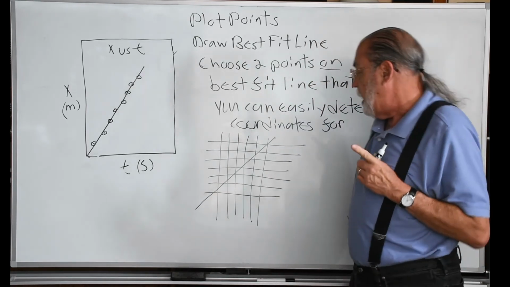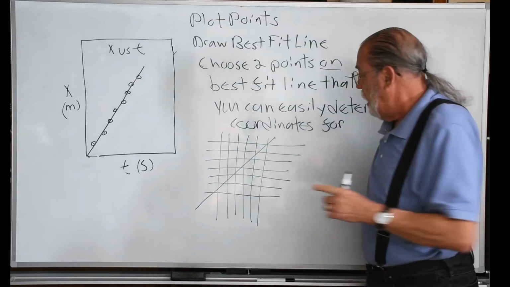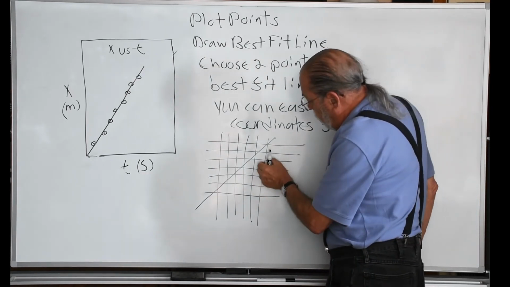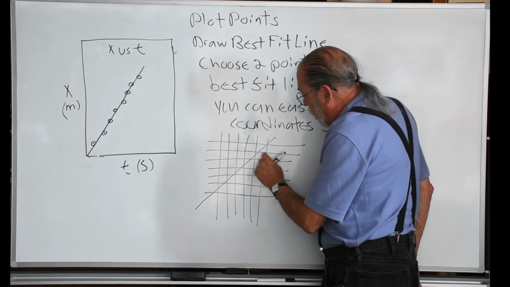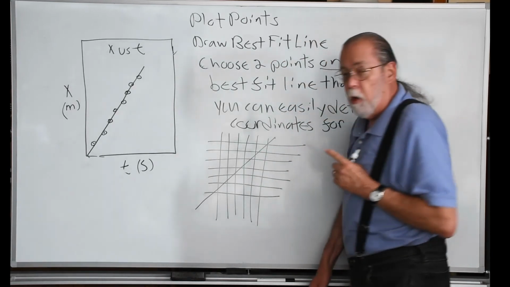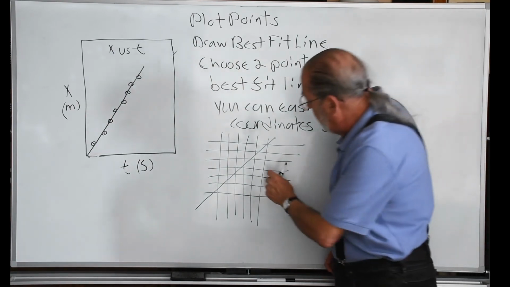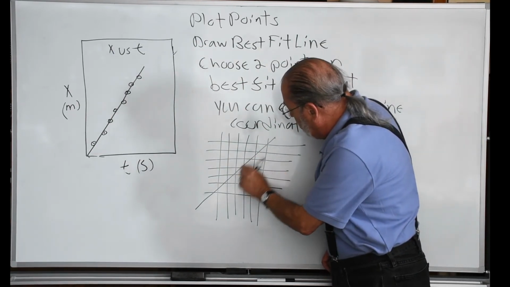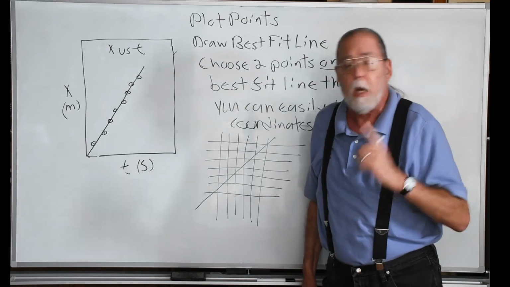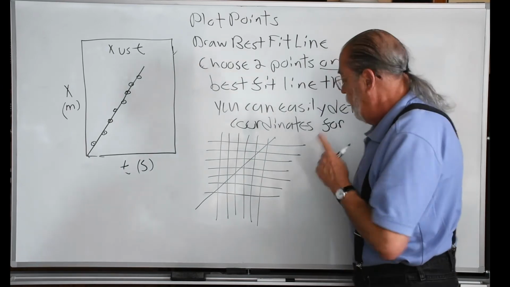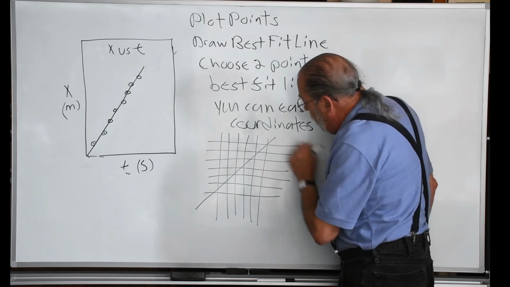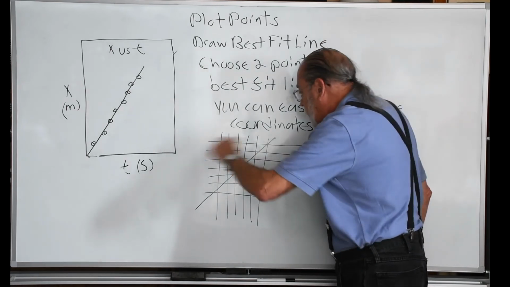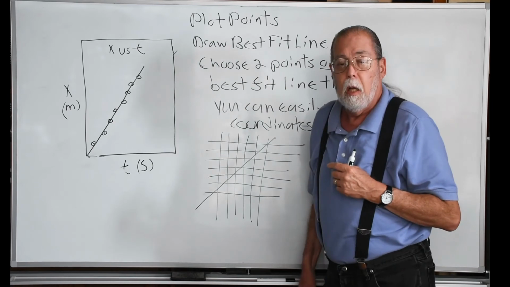It may be, but it's unlikely, that the line goes through what I call a crossroads. If it goes directly through a crossroads, I mean really through it, you can use that point because then you can easily read the coordinates.